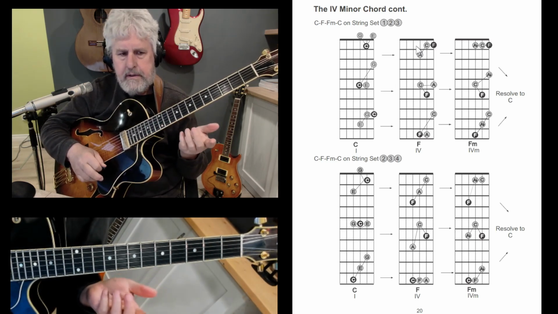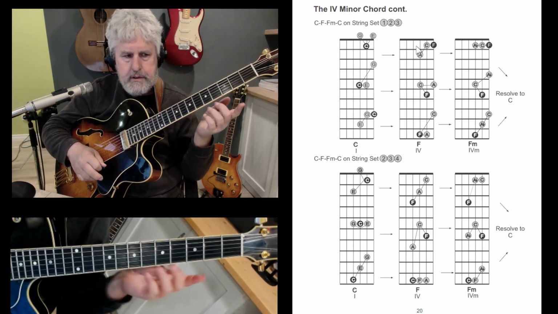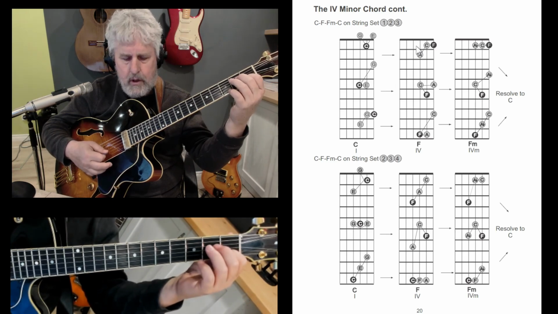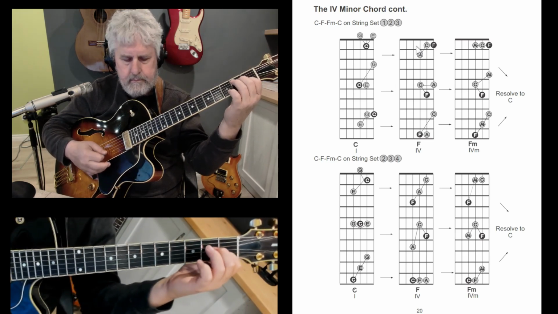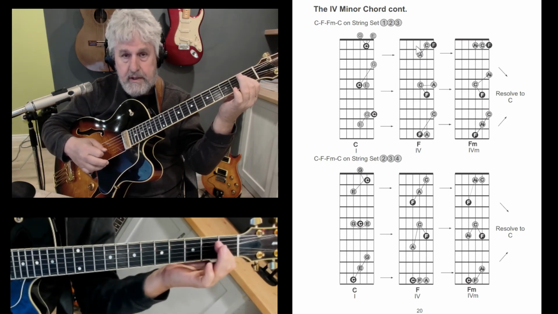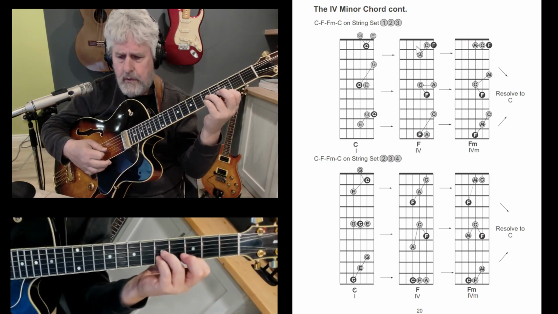And the trick is, as far as your ear is concerned, as I said at the top, the F chord and the C chord both have a C in common. So does the F minor. Right? Let's try that again in this voicing.